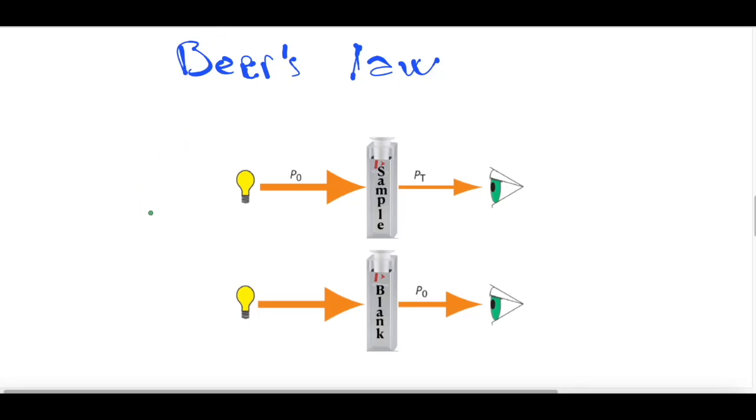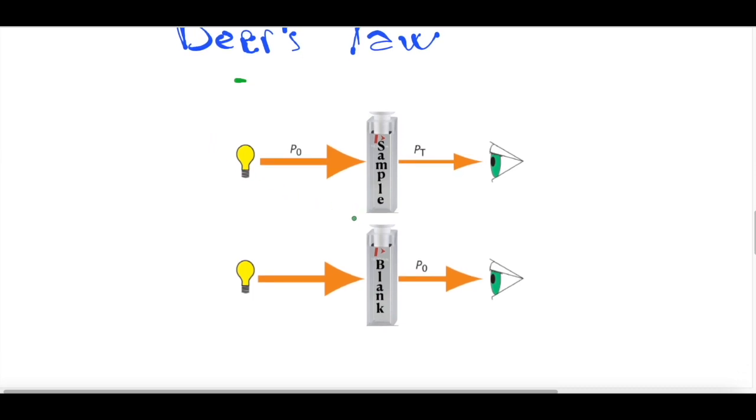In this video, we are going to talk about Beer's law. When monochromatic electromagnetic radiation passes through a thin layer of sample of path length, let's say L1 centimeter, the power of the incident radiation is different from the power of the transmitted radiation.